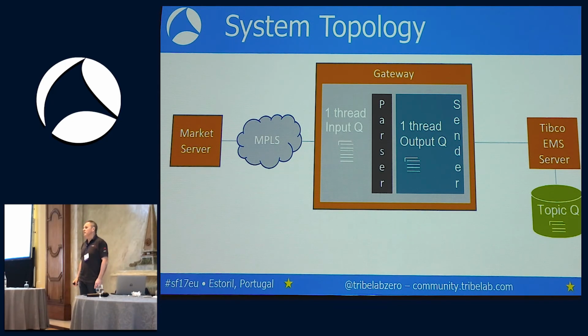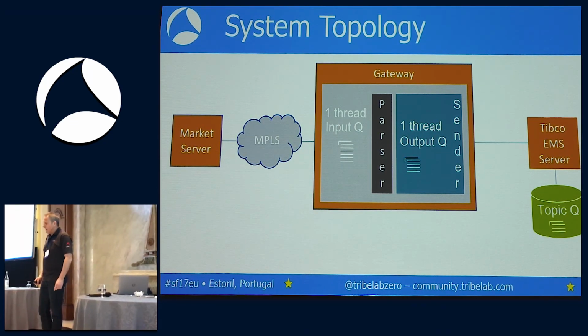Quite common stuff if you come from a trading background. To explain the operation, the message comes in from the left in one format, gets queued up on the input queue, gets parsed through a parser, gets put on an output queue, then gets pushed out into the enterprise service bus.